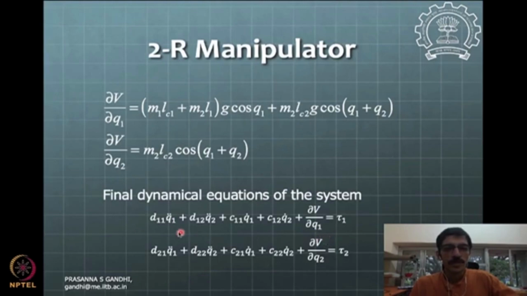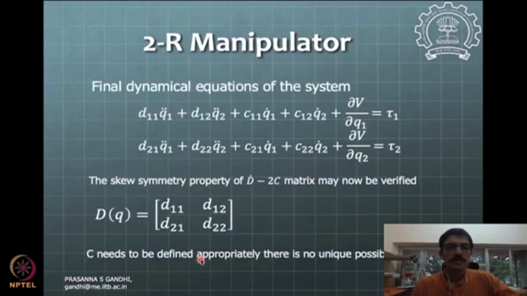Now if you notice, d11, d12, d21 and d22 form a kind of matrix multiplying q1 double dot, q2 double dot in the matrix equation form. So this is a D matrix here, and then this C matrix we define out of these terms, which do not have any double derivative terms. We are not considering damping in the system, no loss of energy, and then there are these gravity terms coming here.